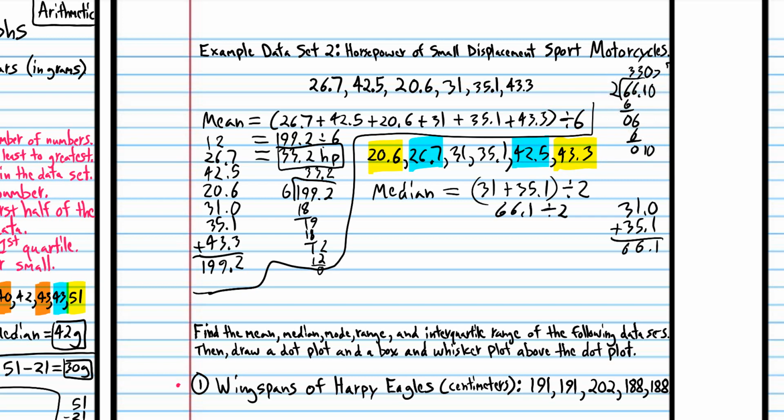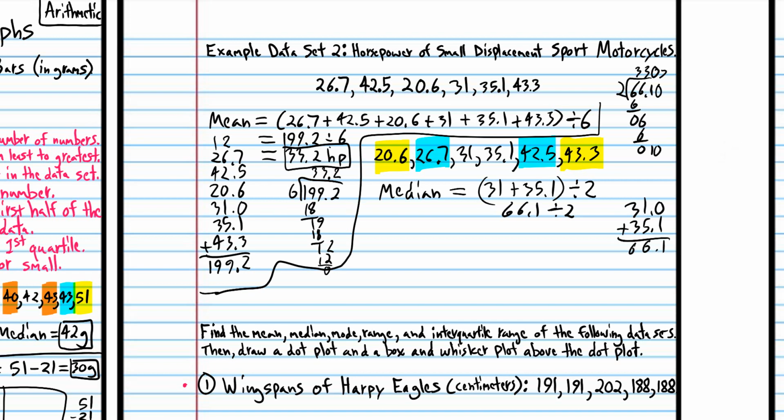After we brought down the 1, the 2 still didn't go in, so we had to put a 0. A lot of students will trip up on that. So then we brought down another 0, and 2 into 10 goes 5 times.